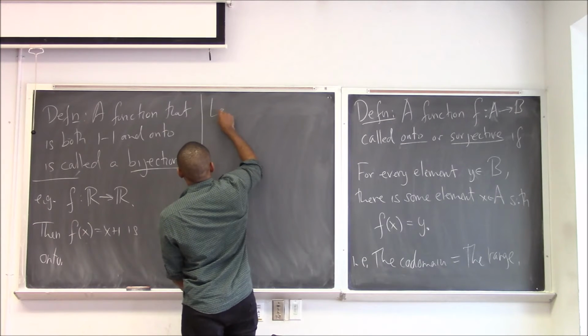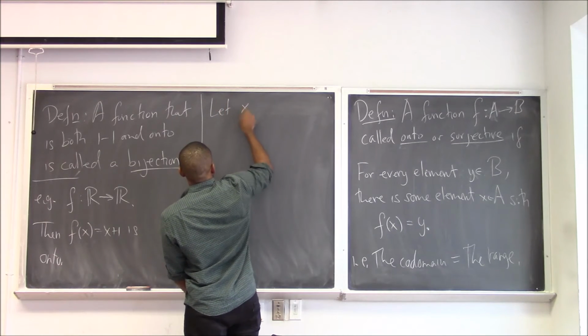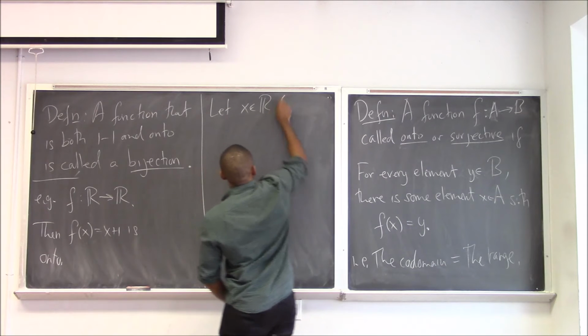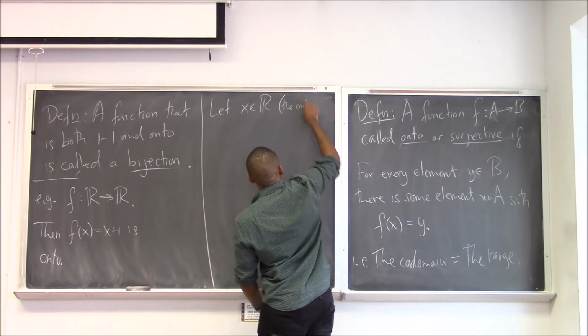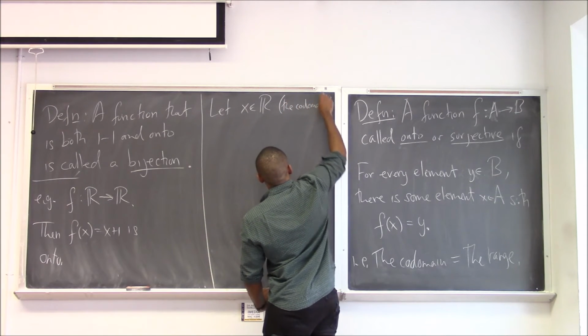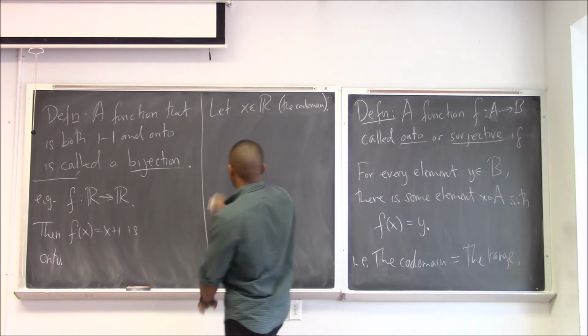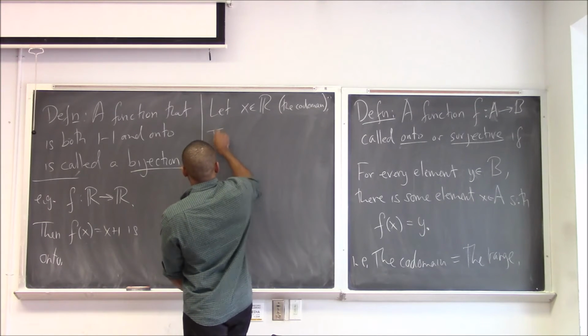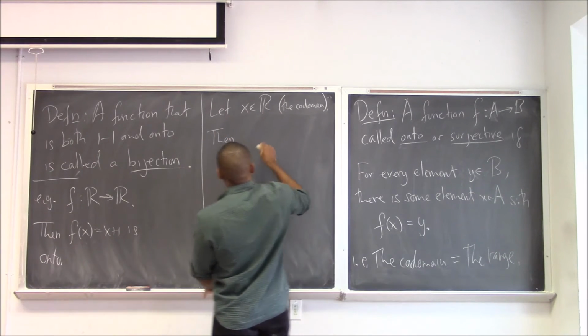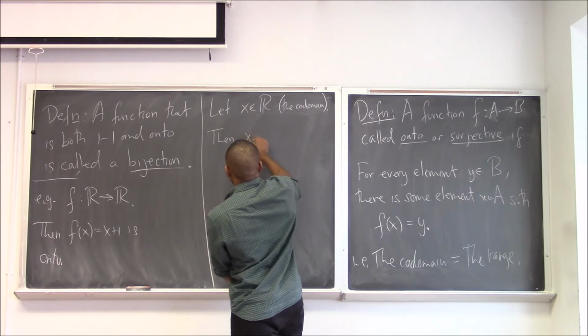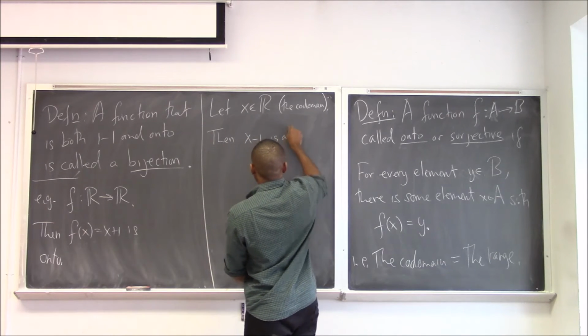Let x be any element of R, the codomain. Then you can notice that x minus 1 is also in R.